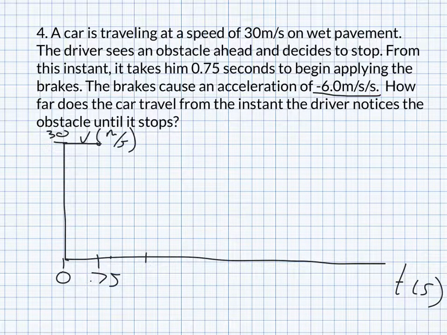So that 30 is in 10 squares, so each square is worth 3, so 2 squares would be 6. All right, 6, 12, 18, 24. There we go.